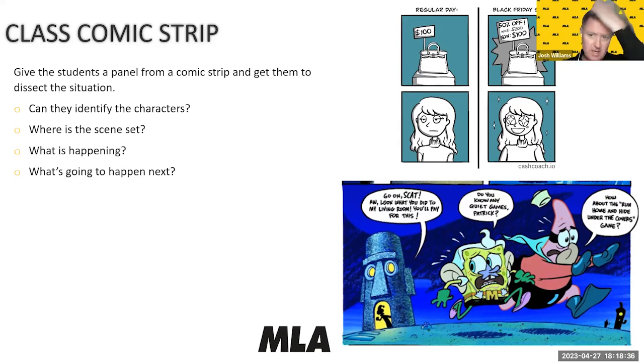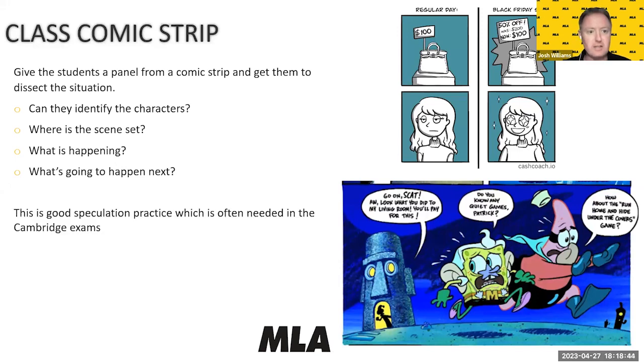We looked at this a little bit when we were looking at short films and media, things like this. It's good speculation practice, which is often needed in the Cambridge exam. So Cambridge exams from the B1 to the proficiency often give you a picture, and you have to talk about that picture.